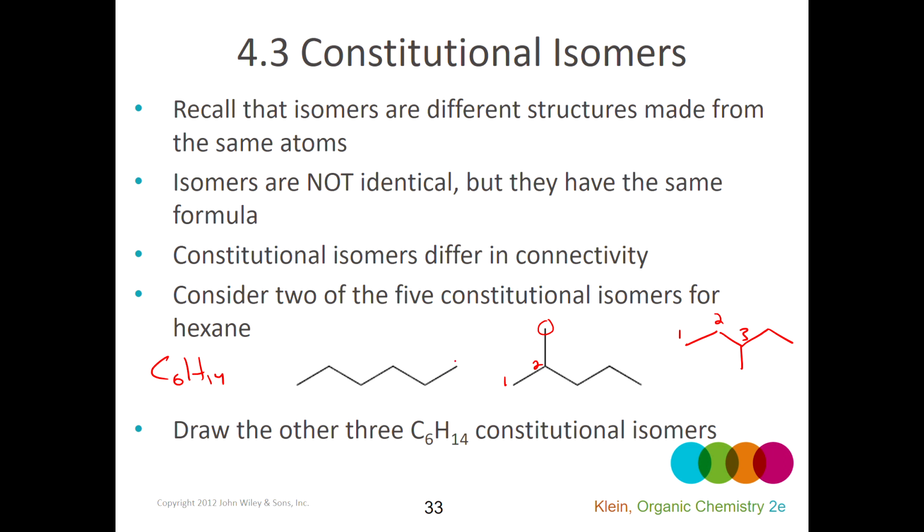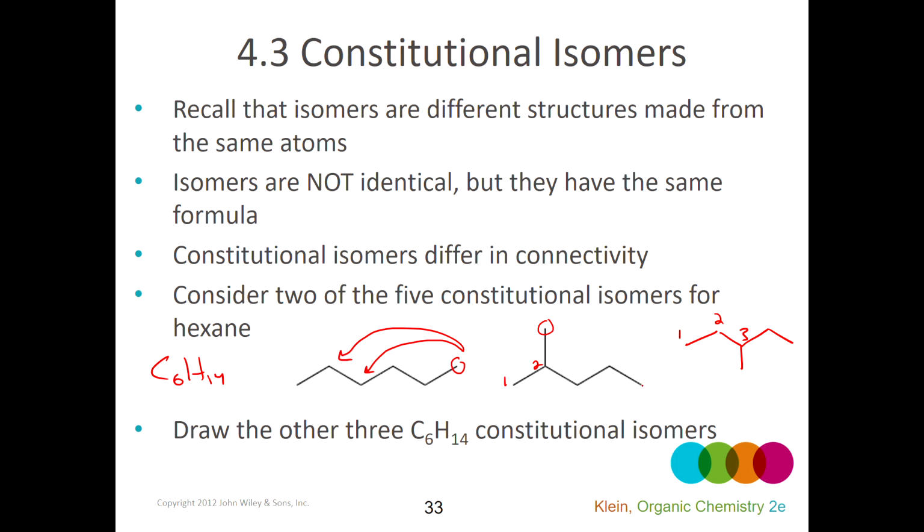So by taking one carbon off of the end and moving it over here, that gave me an isomer because I created a site of branching. Or if I moved it here, that gives me a different isomer because I created the branching at a different position. So if I want more isomers, I can create more branching.